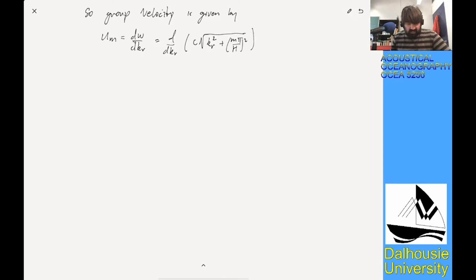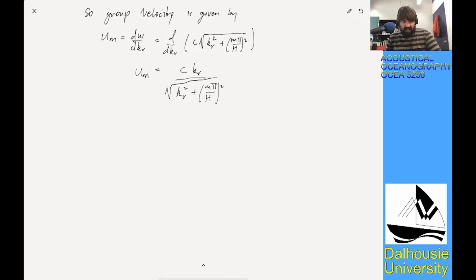Then we can simply do that integral very quickly. We get c times kr, now with a minus 1/2, and so we get the square root of kr squared plus m pi over h all squared in the denominator. That gives us our expression for the group velocity.